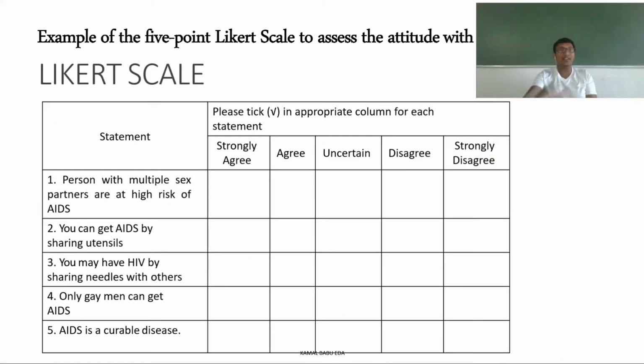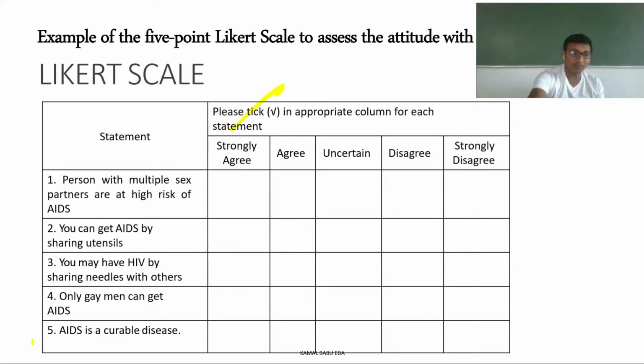I'll explain it clearly. For example, here you pick the tick mark in the appropriate column for each statement. They are giving you a statement and asking whether you agree, strongly agree, are uncertain, disagree, or strongly disagree. The statement is: persons with multiple sex partners are at high risk of AIDS.